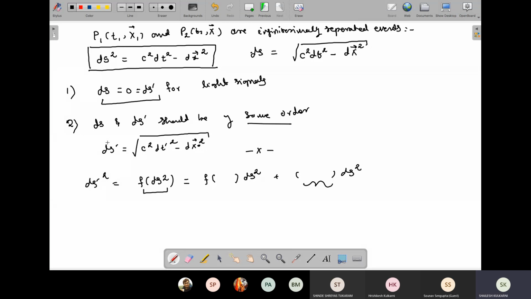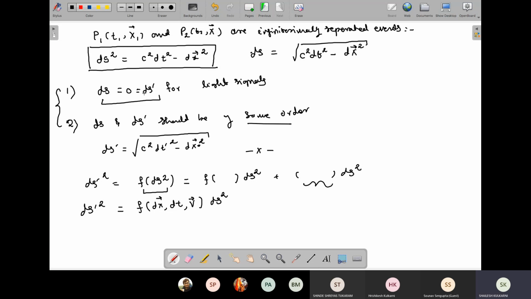And the second condition tells us that this function must be of this form. It may depend on dx, it may depend on dt, it may depend on the velocity between the two frames, and ds square. This is what we must have to satisfy these two conditions.